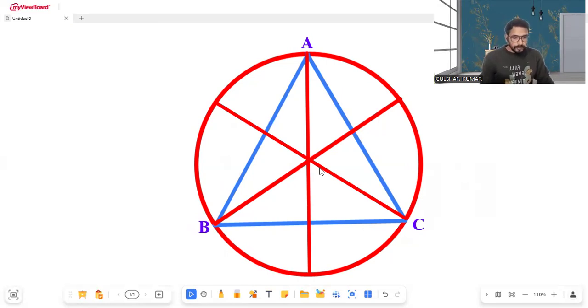So it is clear that at this point we have to mention the vertices.